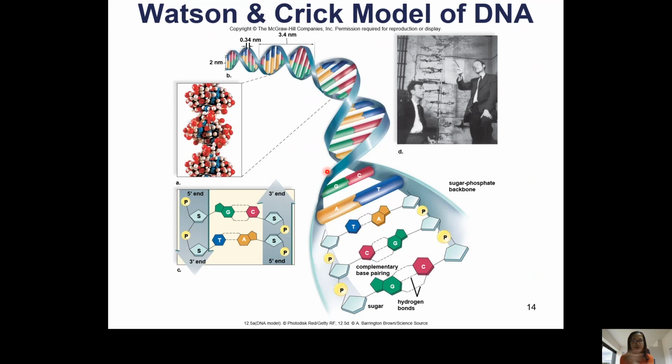There are two ropes, and those two ropes have orientations or directions that are anti-parallel to each other, like this one. You can see it from picture C. The first rope here has orientation from 5 to 3 prime. We call it prime.